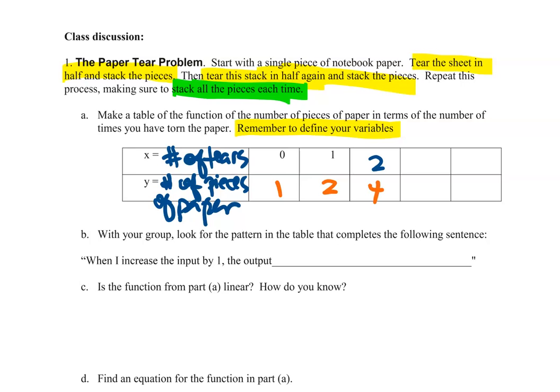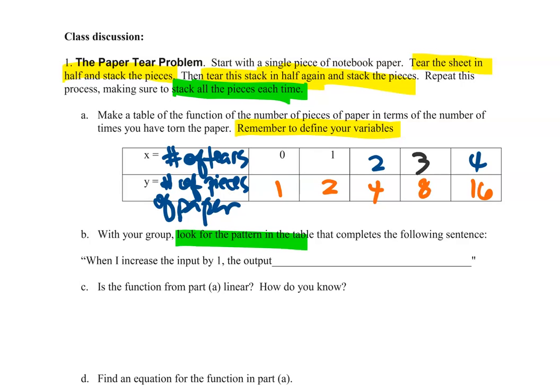Yes, it's 4. Then you do the same process, stack all the pieces, and tear in half again. How many pieces now? Yes, 8. And the next? Yes, that's correct, 16.